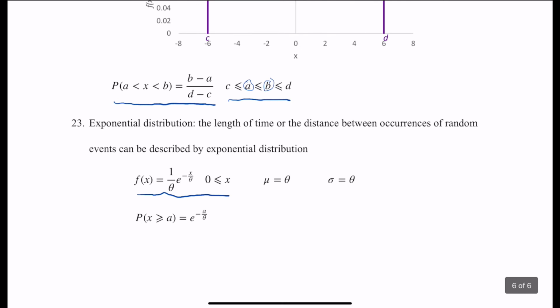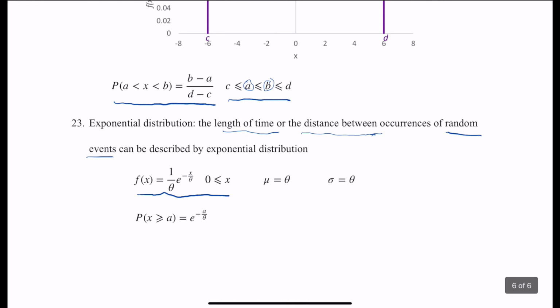And when the question asks about the length of time or the distance between some random events or some unexpected events, what is the length of time between these two random events, or what is the distance between these two random events? If a question asks something like this, it means you need to use exponential distribution to calculate.